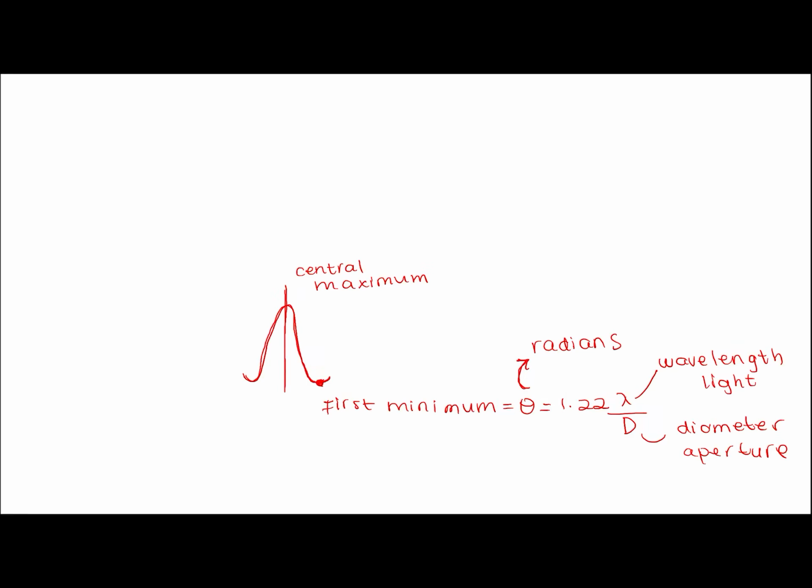Okay, so what's the big deal with this? Well, right here we have a light source, right? Now, this criterion says that if we have the central maximum of the other object directly over the first minimum of the first object, so it would be like right here almost, you would be able to tell them apart.